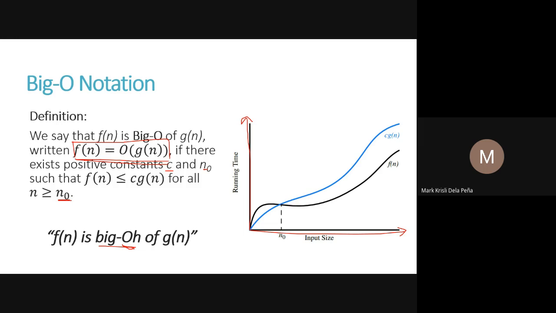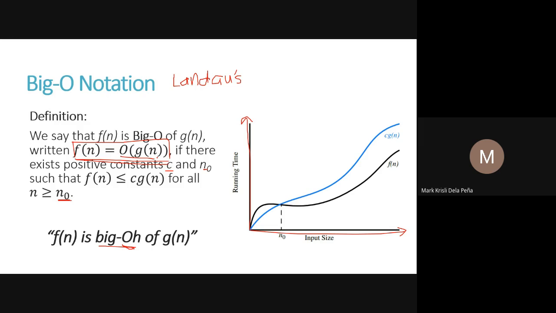As a sort of history, this big O notation is also called the Landau symbol. I don't know how it's pronounced, but it's written as Landau. It is a symbolism used in complexity theory and computer science to describe the asymptotic behavior of functions.